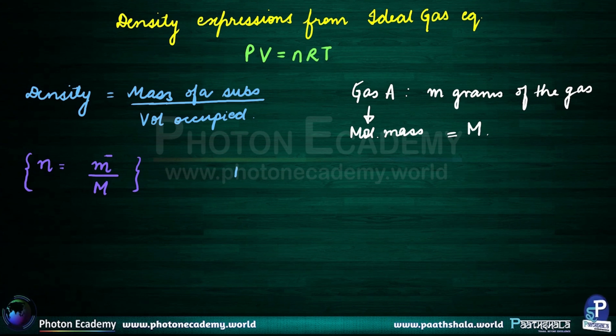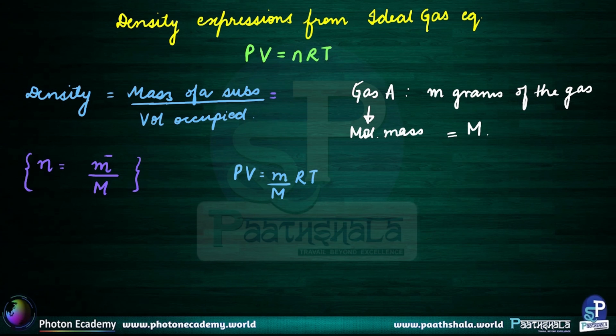So the equation would become PV = (m/M)RT. Now the density in this case would be defined as what? The mass of the gas is m and the volume it is occupying is V. So let's bring this term m divided by V together.